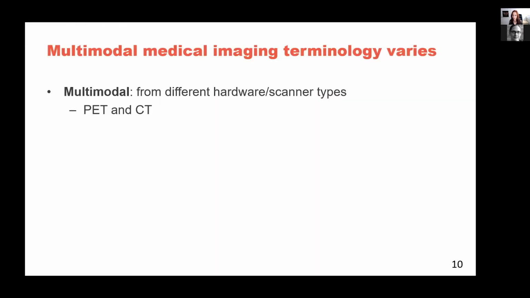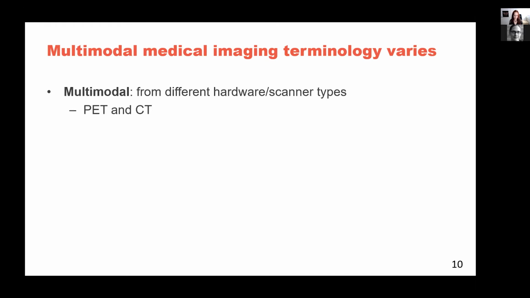And I wanted to clarify something first. The terminology that is used when talking about multimodal medical imaging varies a little bit. Some people will use the same word to mean different things. I just wanted to give you an understanding of what I will mean in the following. So when I say multimodal, I really mean from different hardware or scanner types, right?